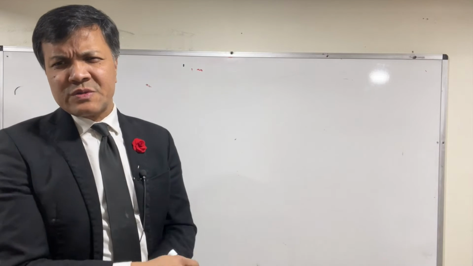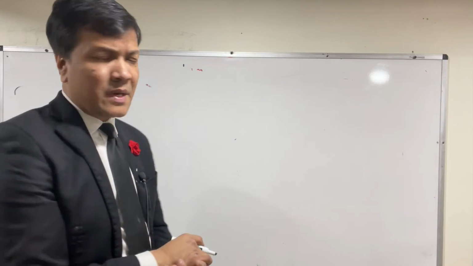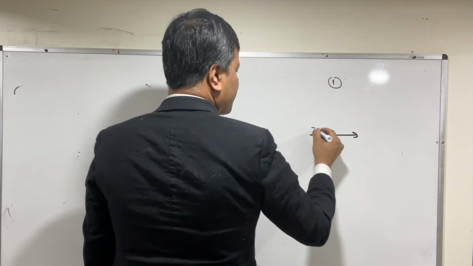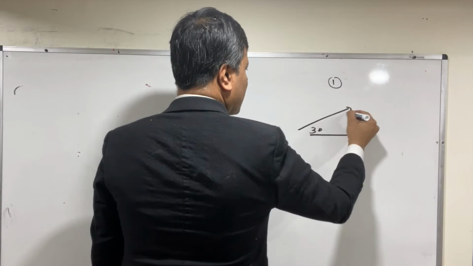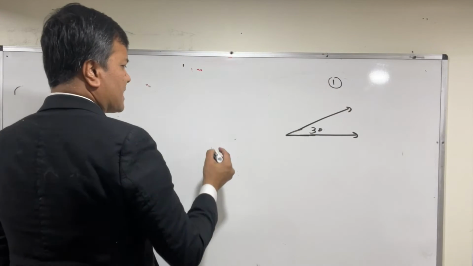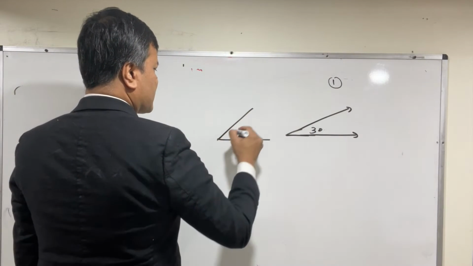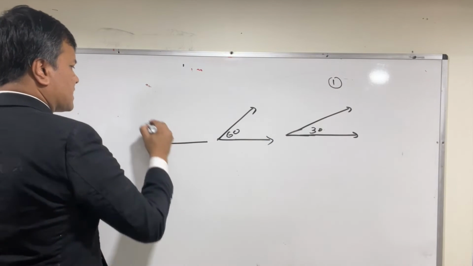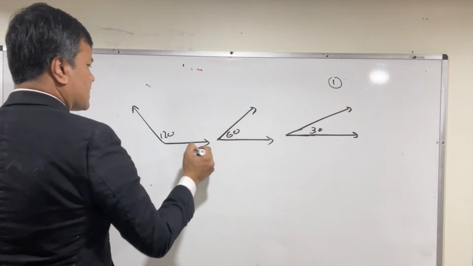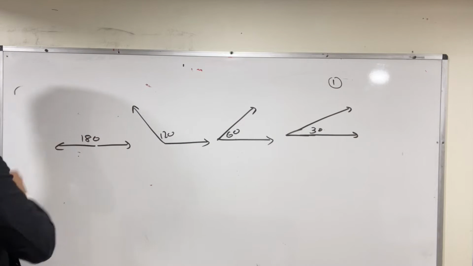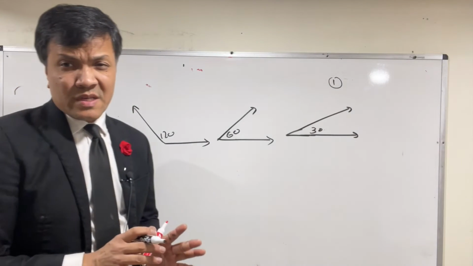So you can do it conceptually, but you can also do it by math. Number 1, two vectors at 30 degrees, and then maybe 60 degrees, and then maybe 120 degrees, and then maybe, I don't know, 180 degrees. All right, so you can do it conceptually.